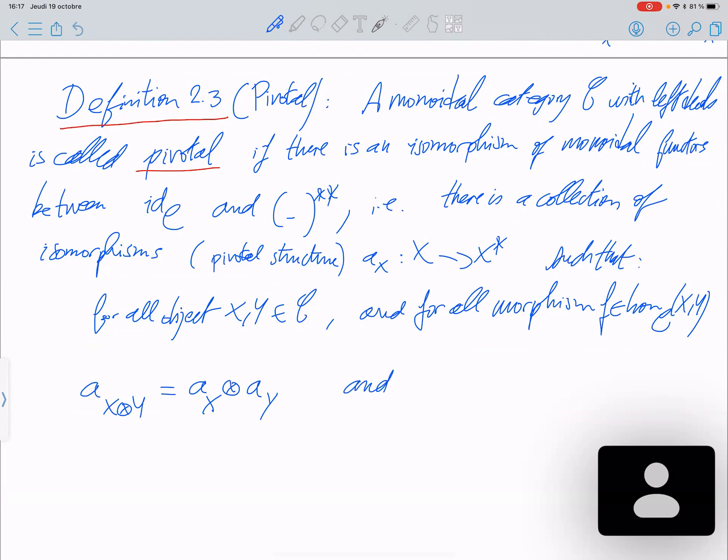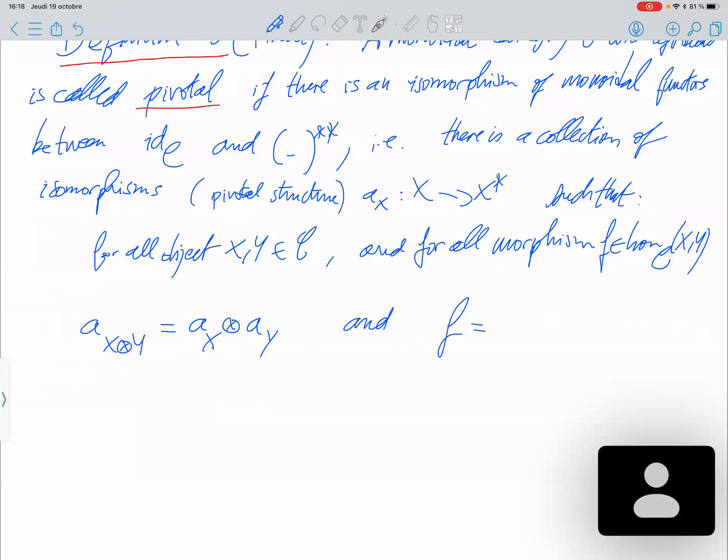And for natural isomorphism, we get the following: f equals A_Y inverse composed with f double star composed with A_X.